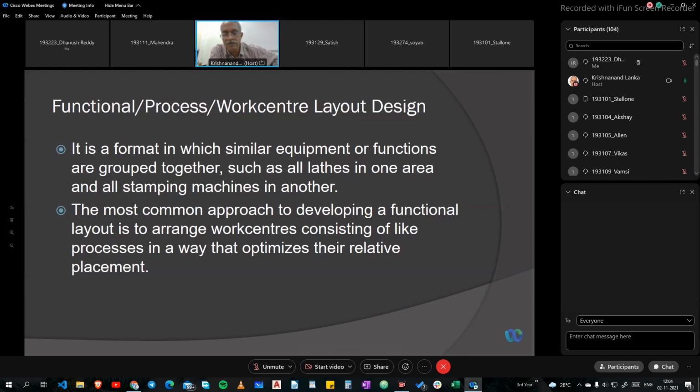For example, the bank is on one side, the post office on the other side, and the barber on some other side. All the services are very scattered in NIT Warangal. The canteen is on one side and the food street is at some other place.